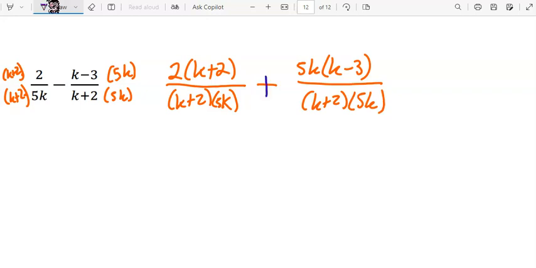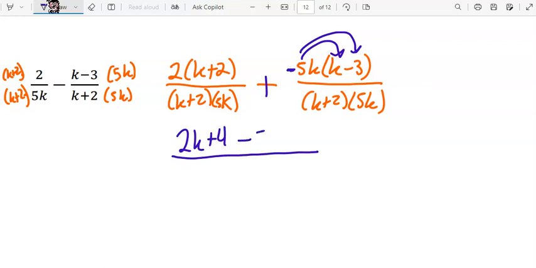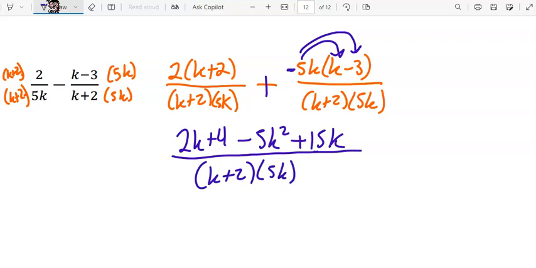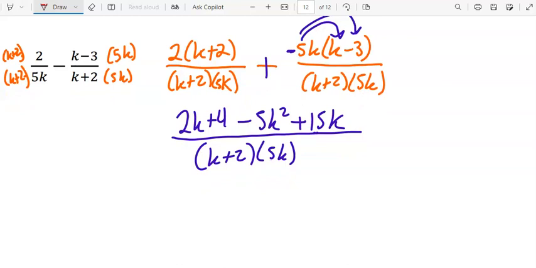We could change this side to a plus and change this to a minus. Distribute the negative 5k into each of those. 2k plus 4 minus 5k squared plus 15k all over k plus 2 times 5k. From here, combine like terms.